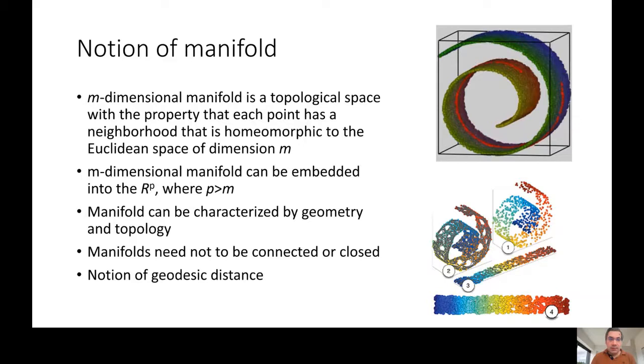An m-dimensional manifold can be embedded into a space of larger dimension P, where P is bigger than m. A simple example of such an embedding is here, where in the three-dimensional space, so P equals 3, you have data points which are located close to a manifold of dimension 2.